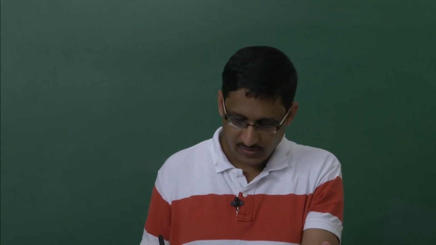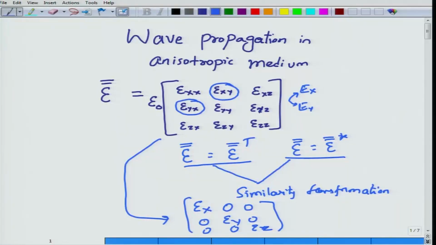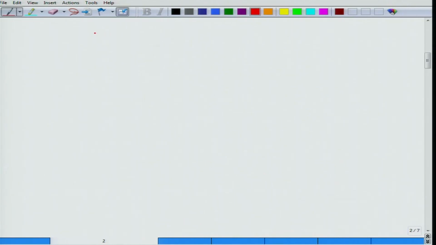Okay. Now, one of the first things that you should recognize is that in general all the values on the diagonal, all the values of epsilon x, epsilon y and epsilon z, can be different. Suppose they are all different, then you actually obtain what is called a biaxial medium, and because most of these media are made out of crystals, it is normal to call them biaxial crystals.